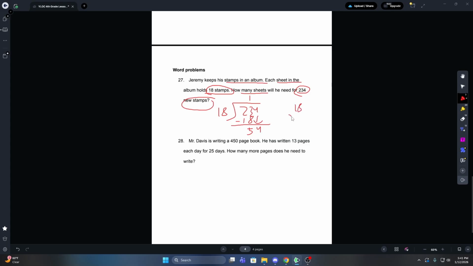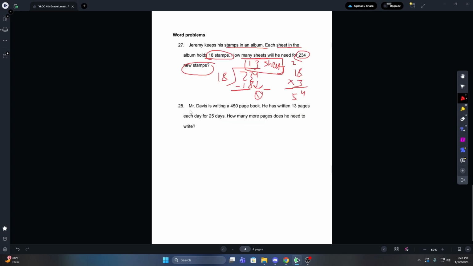Let's check. 8 times 3, 24. 3 times 1 is 3, plus 2 is 5. Yep, perfect. And then 18 times 3, 54. You get a 0 here. And we know that the answer will be 13. So 13 sheets.